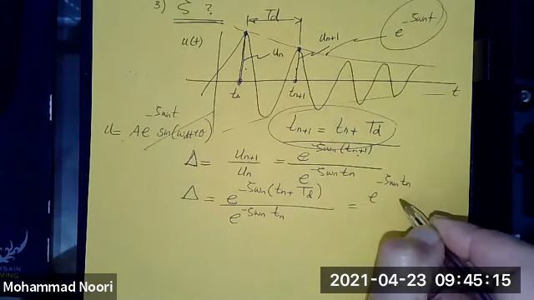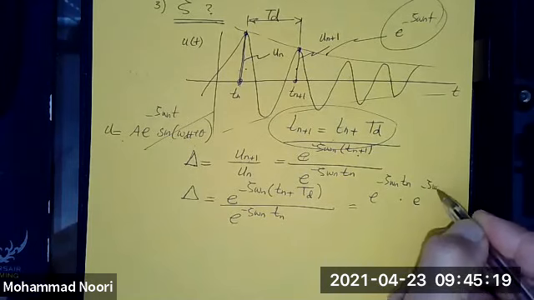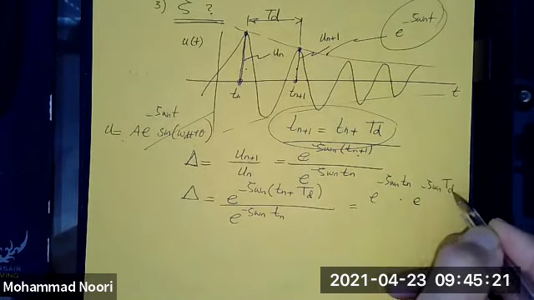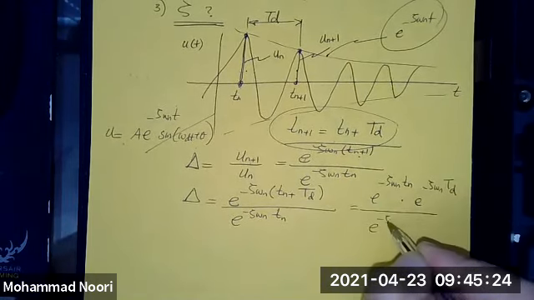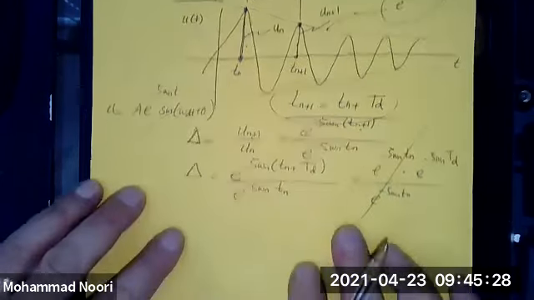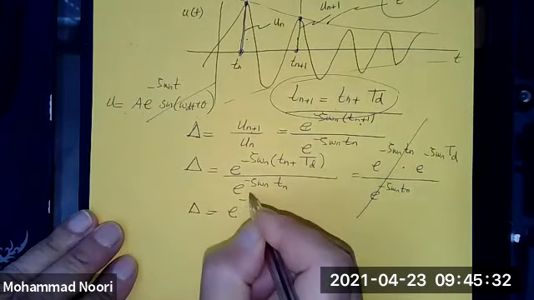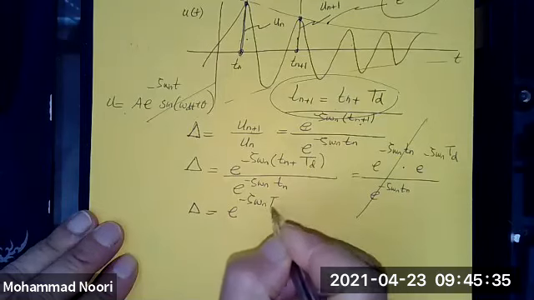This cancels out. So this ratio then is simply e to the minus zeta omega n Td, right?